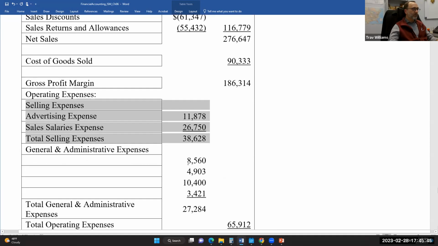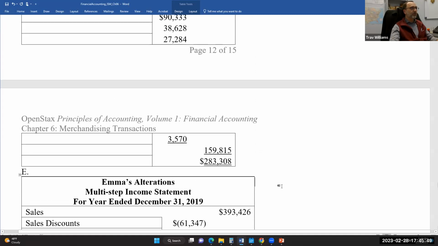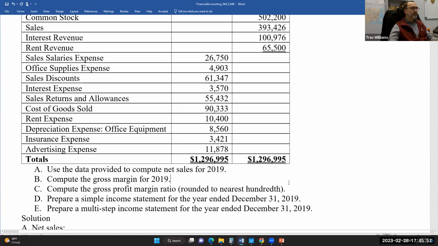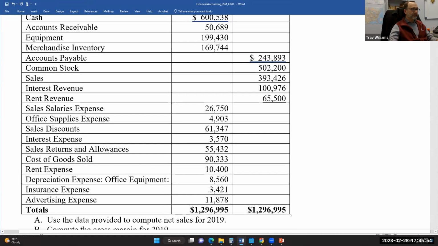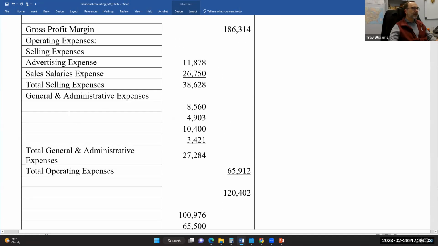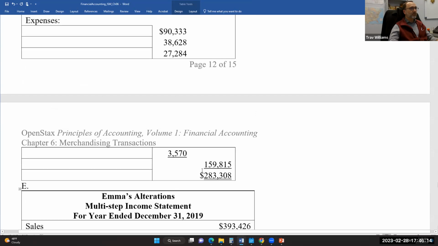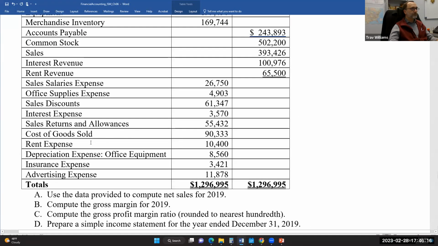Then we will go to general and administrative. We're looking for 8560 and 4903. 8560 is this depreciation. And 4903 is office supplies. So let's plug that in. The last two are 10,400 and 3421.